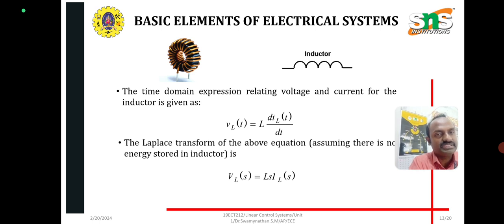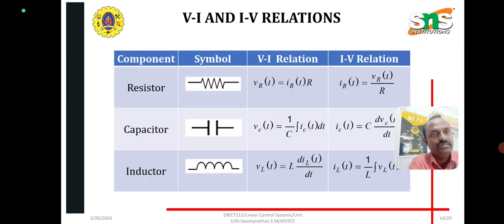Applying the Laplace transform gives L s I of s. These are the voltage-current and current-voltage relations. For the resistor, if you start the upper end, you need to close the lower end, and if you start the lower end, close the upper end. That is the way to draw the resistor.